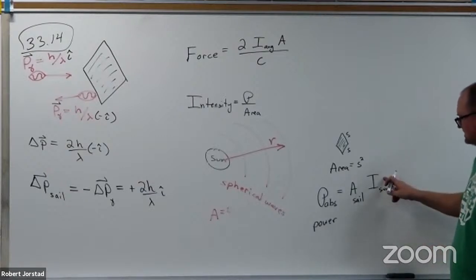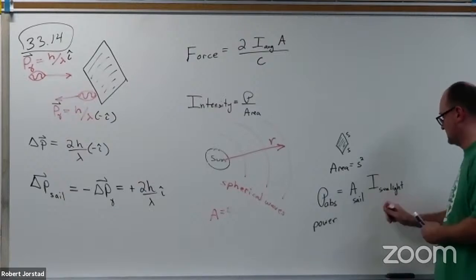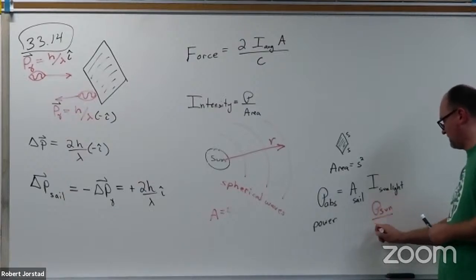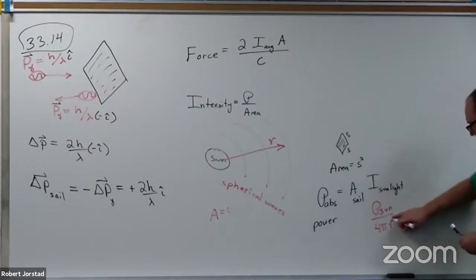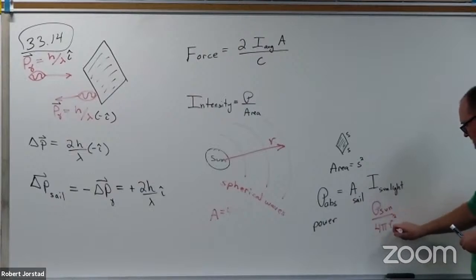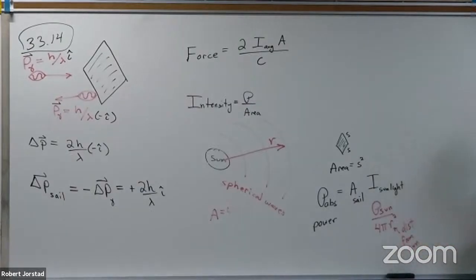The intensity of the sunlight is power of the sun divided by 4 pi r squared, where this is distance from the sun. All right? Take a second to take that in.